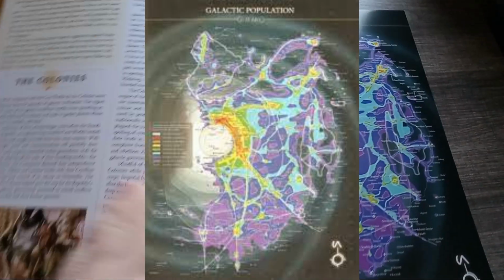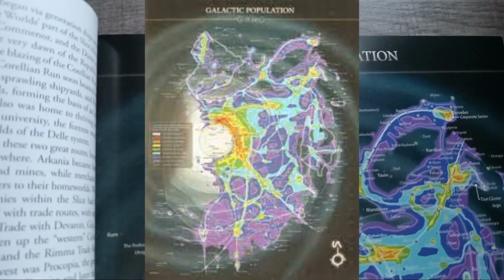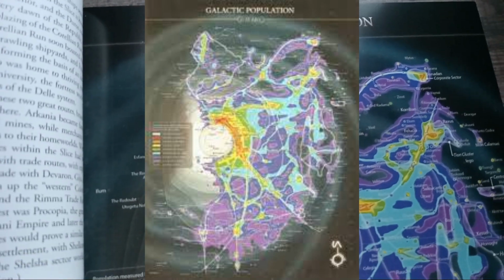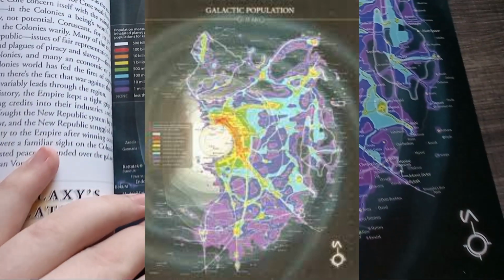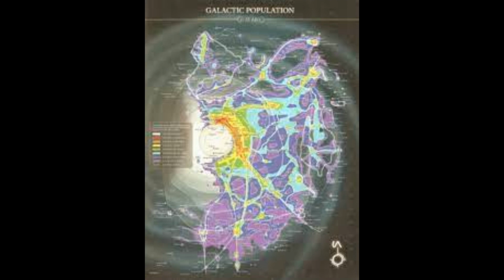And then next we have a map of the galactic population circa 25 ABY. And just so you know, ABY means after the Battle of Yavin, just in case you didn't know. And this is a very interesting map. White is 500 billion or higher. Red is 100 billion to 500 billion. Orange is 10 billion to 100 billion.